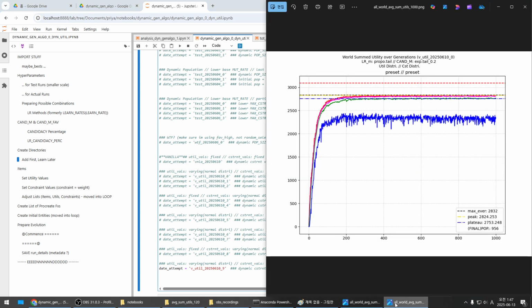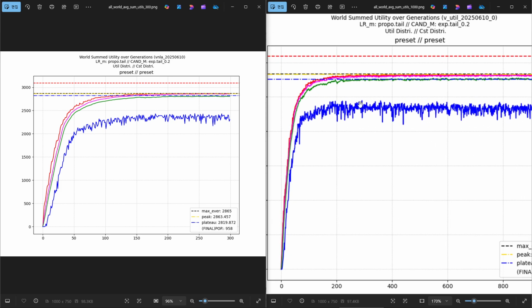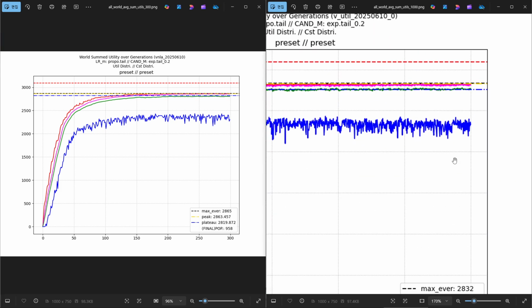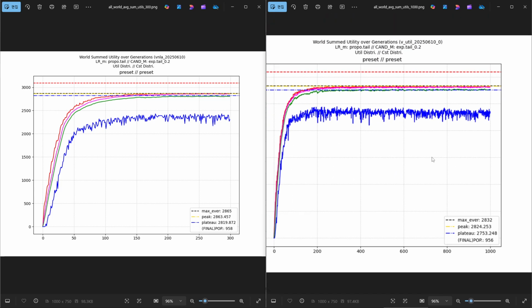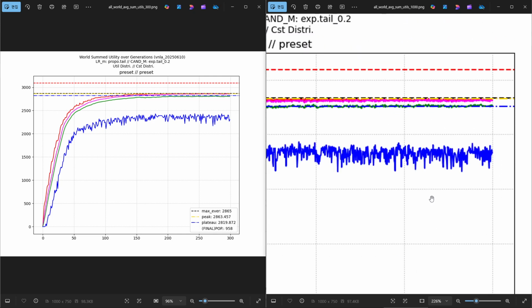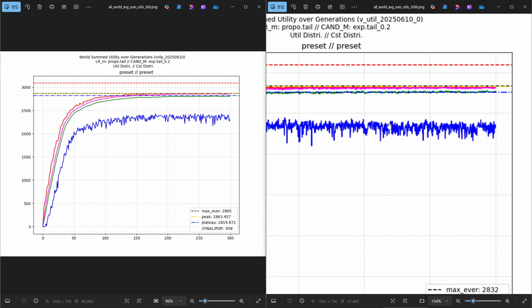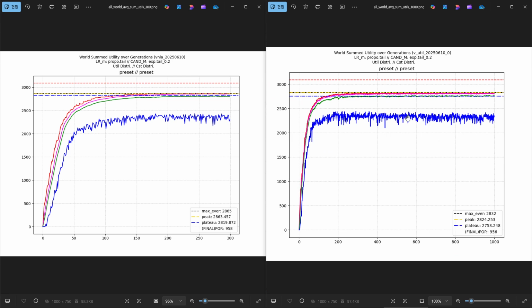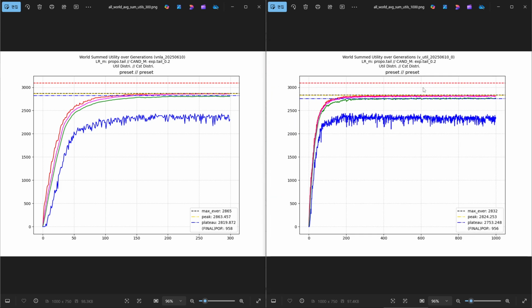It is quite obvious that because the utility values would be changing in every generation, we don't know if there had ever been an entity that had the right true ceiling chromosome, but the resulting sum utility value in that generation was not 2865, or maybe below 2865, or it could even be above 2865.